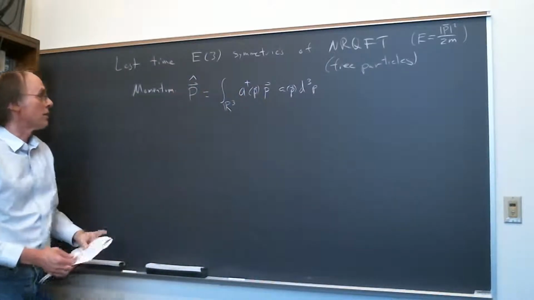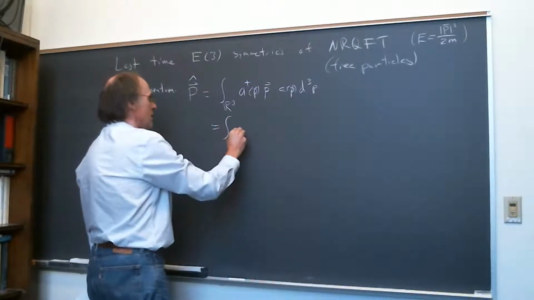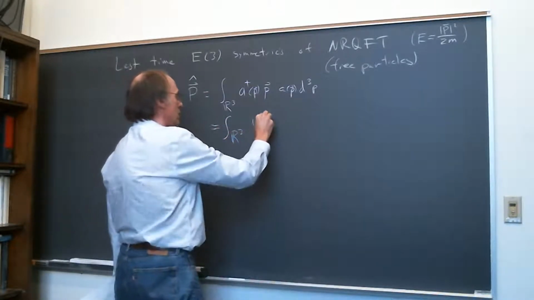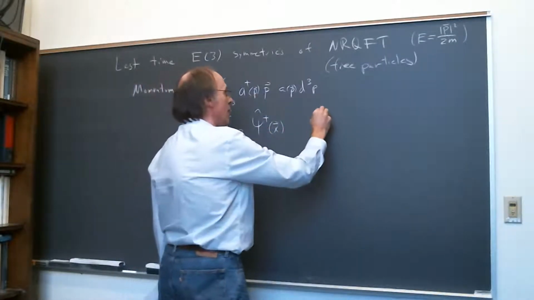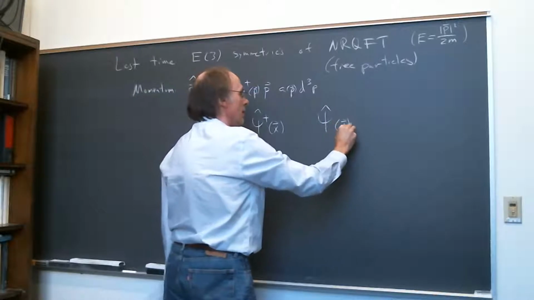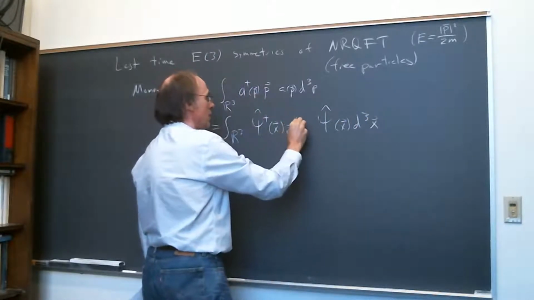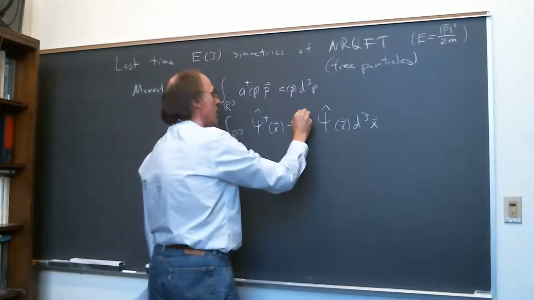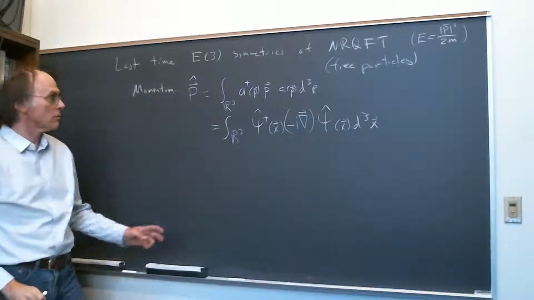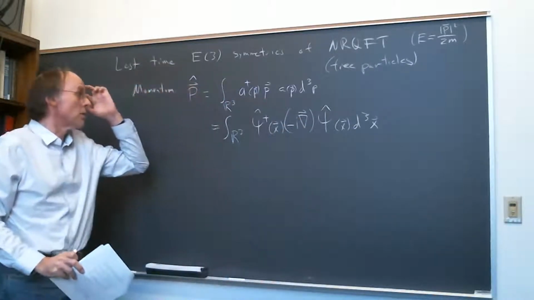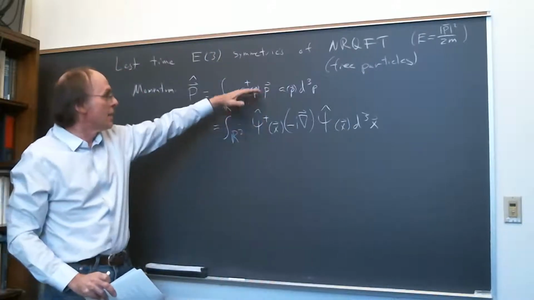In position space it's then just minus i times the gradient operator.